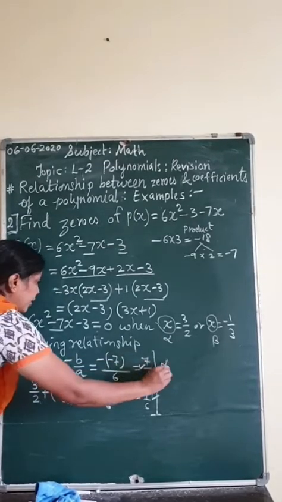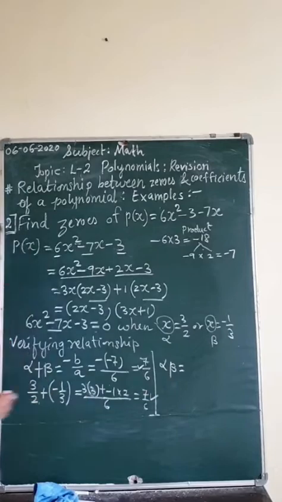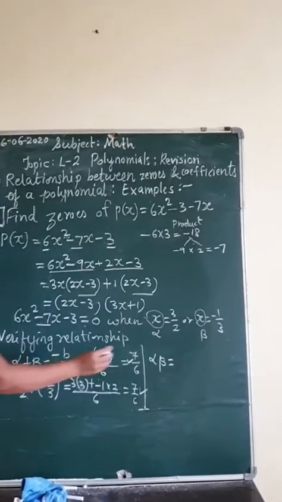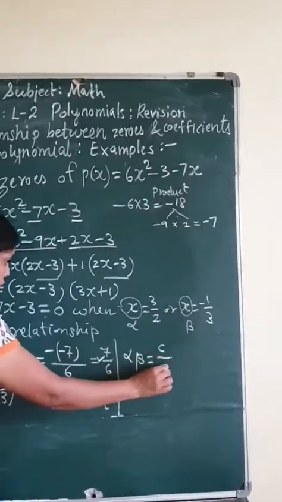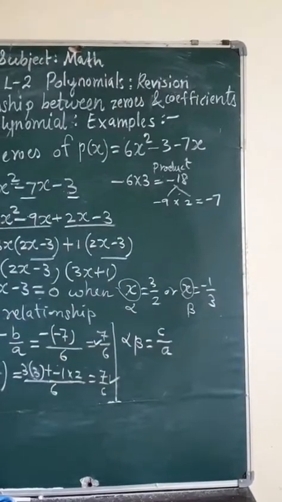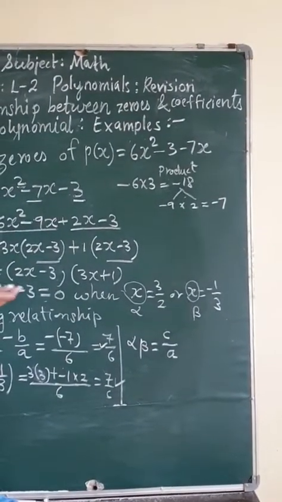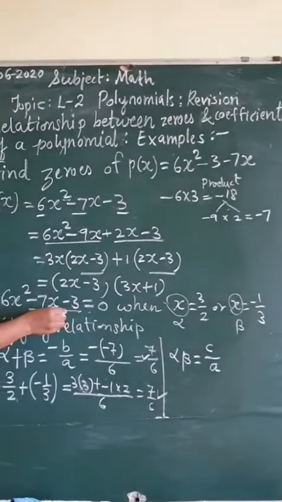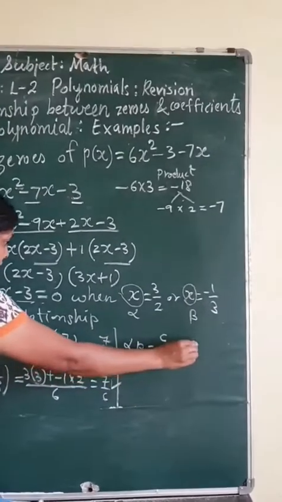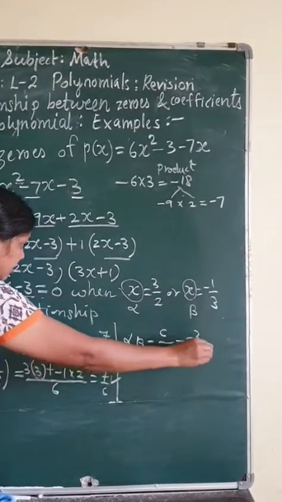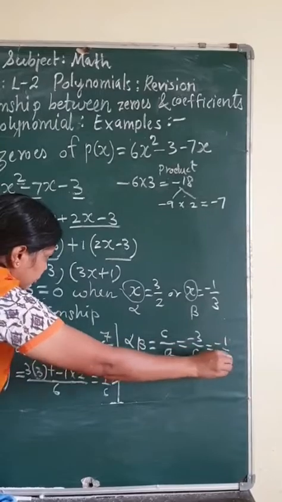Now let's see the product, alpha into beta. So alpha into beta, what we have, that is constant upon coefficient of x square. So what is constant here? Minus 3. So minus 3 upon 6, that we get as minus 1 upon 2.